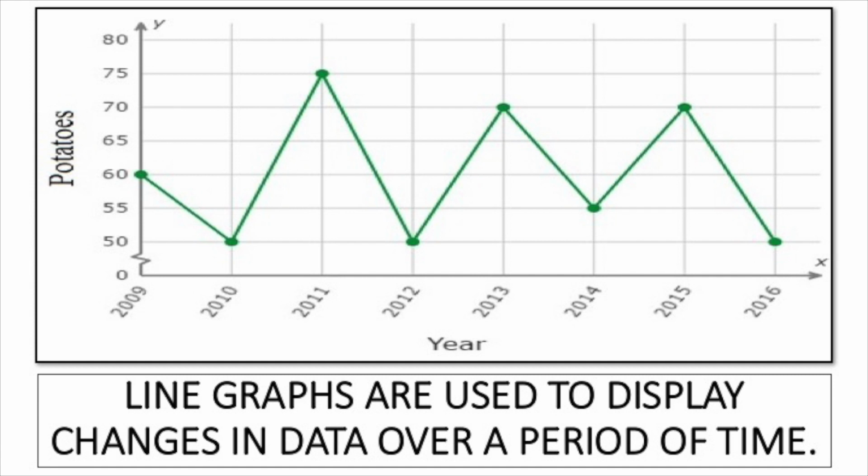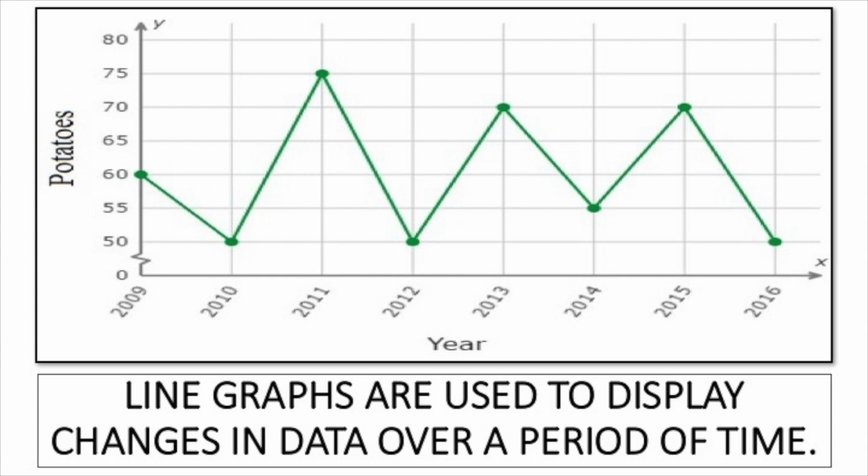Line graphs are used to display changes in data over a period of time. For example, this line graph here is about the amount of potatoes that were sold in kilograms. So the numbers on the vertical axis are the amount in weight in kilos.